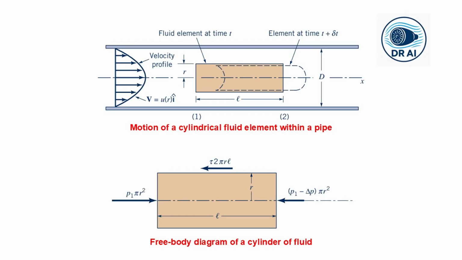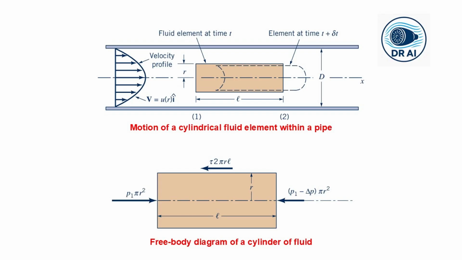The second one is the pressure force on the right hand. The pressure at the right face, P2, pushes it to the left. But since pressure drops in the direction of the flow, P2 is less than P1. Let us call the difference P1 minus P2 as delta P. So the force on the right end pushing left is given by P1 minus delta P multiplied by pi r square.